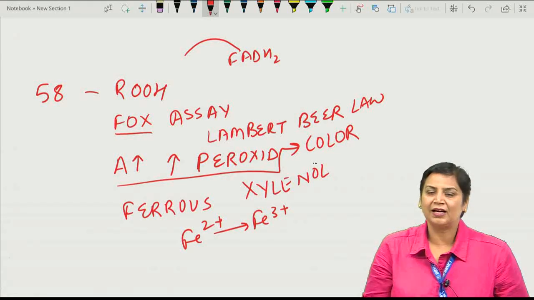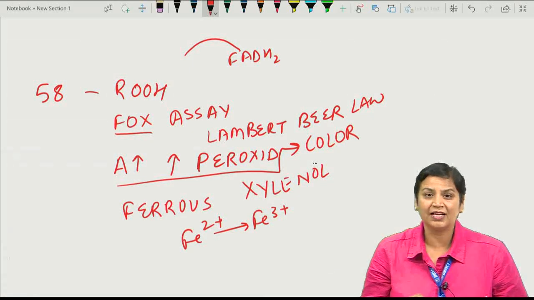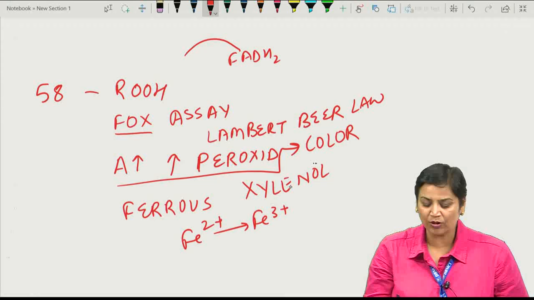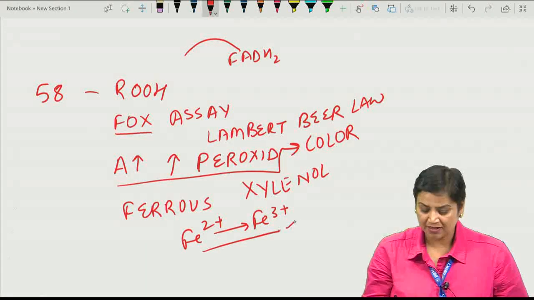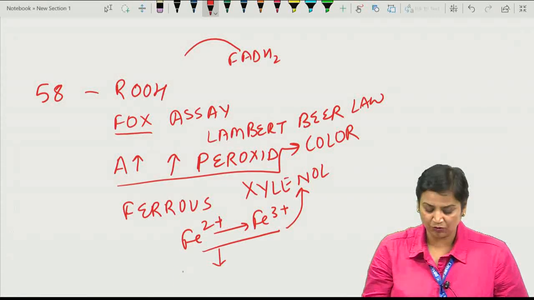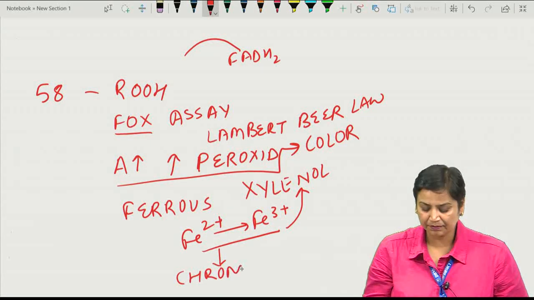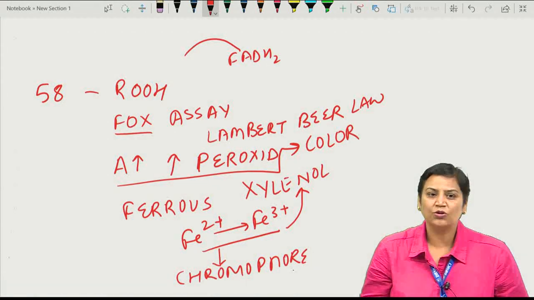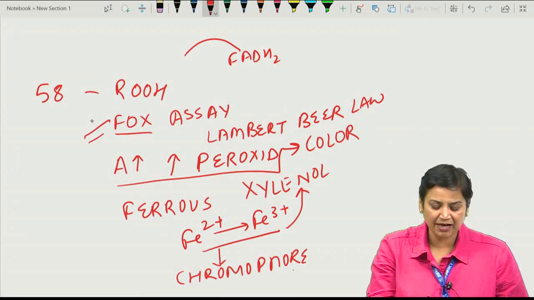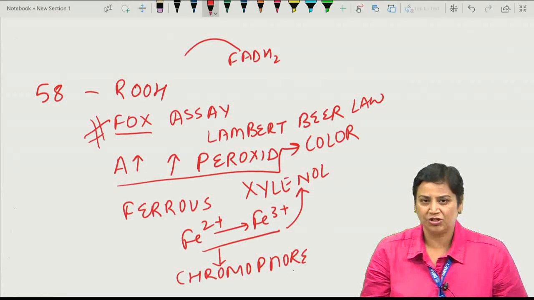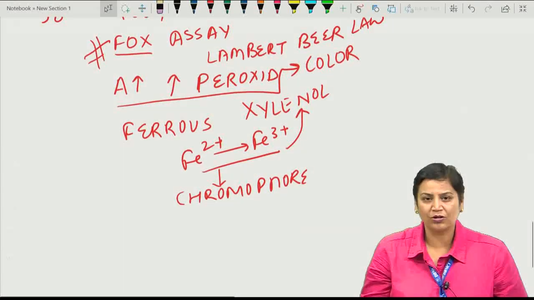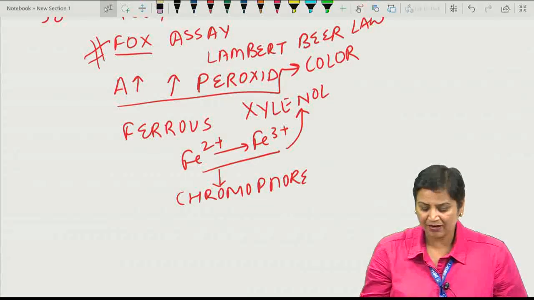So whatever lipid has already been degraded, converted into peroxides, is going to oxidize this in the presence of this, giving out a chromophore or color. So the FOX assay is basically carried out to check the lipid peroxidation or the rancidity of the fat.